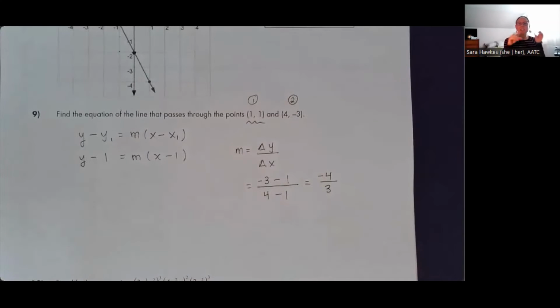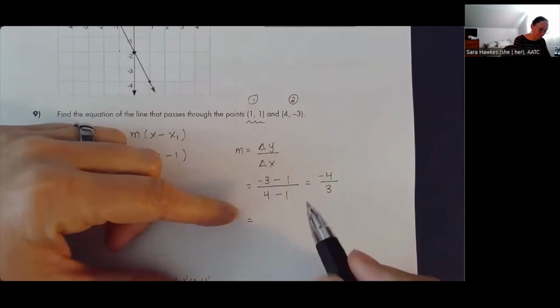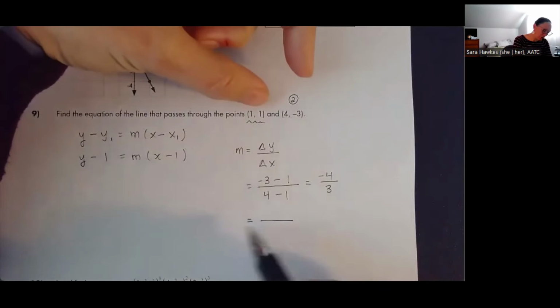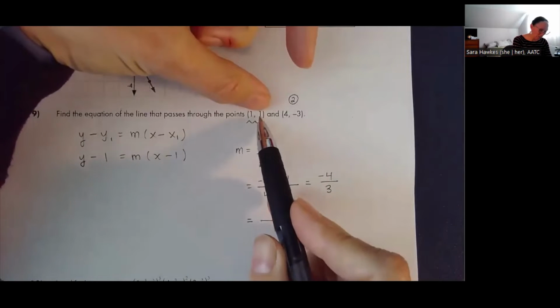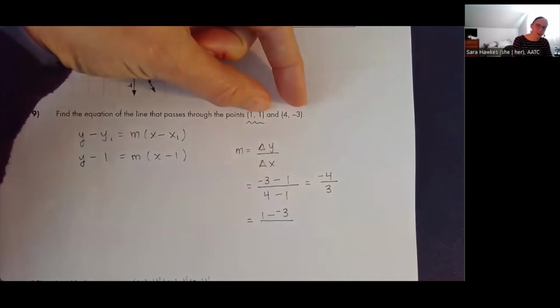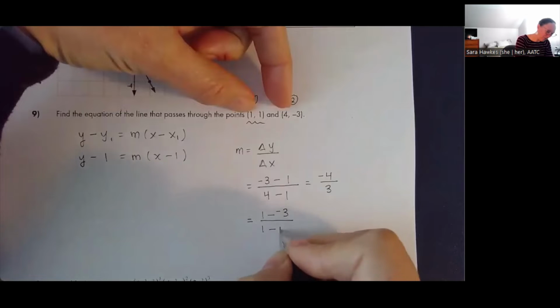If we had chosen to subtract the points in the other order, that would also be fine. We have to keep them, again, same order top as bottom. So if I had chosen to look at the change in y values as 1 minus -3 on the top, then the denominator would have had to look like 1 minus 4.